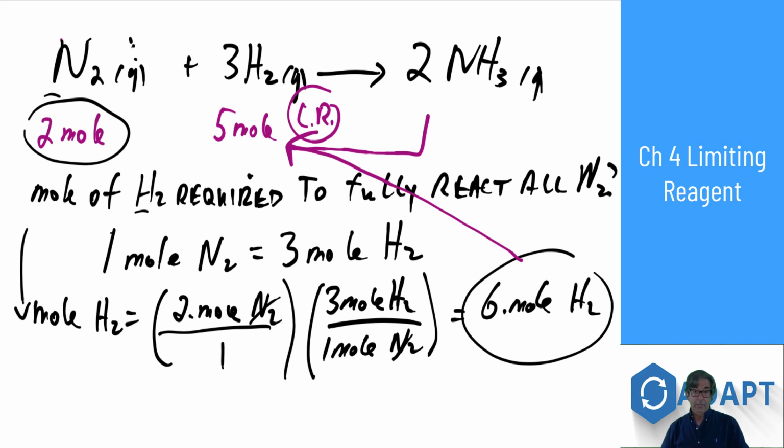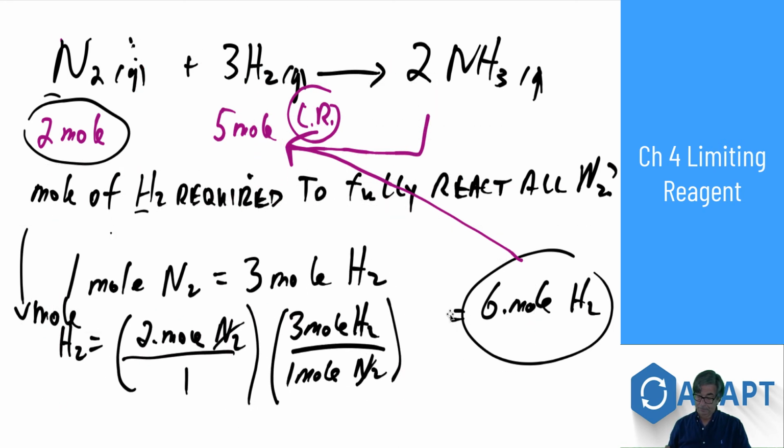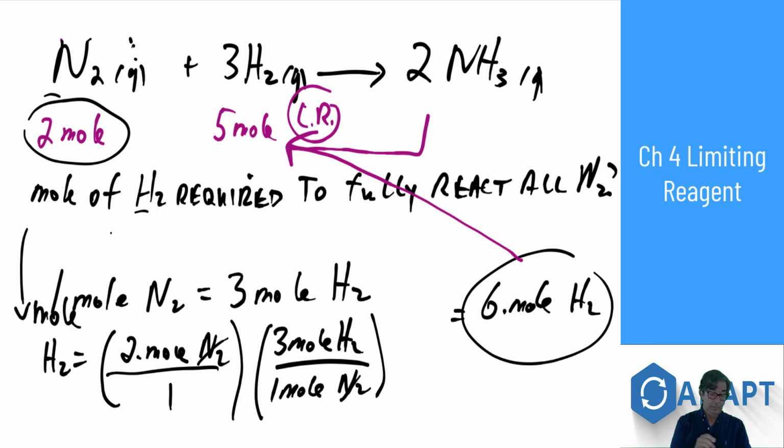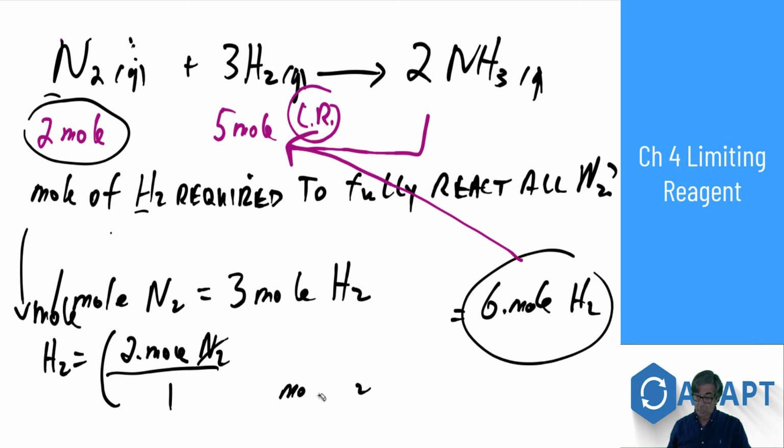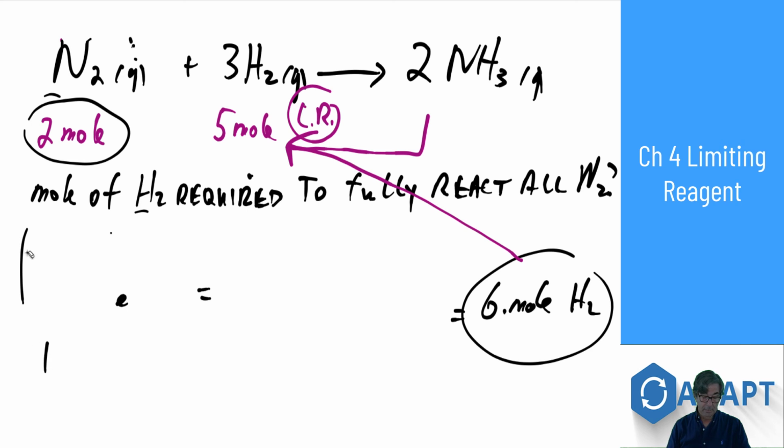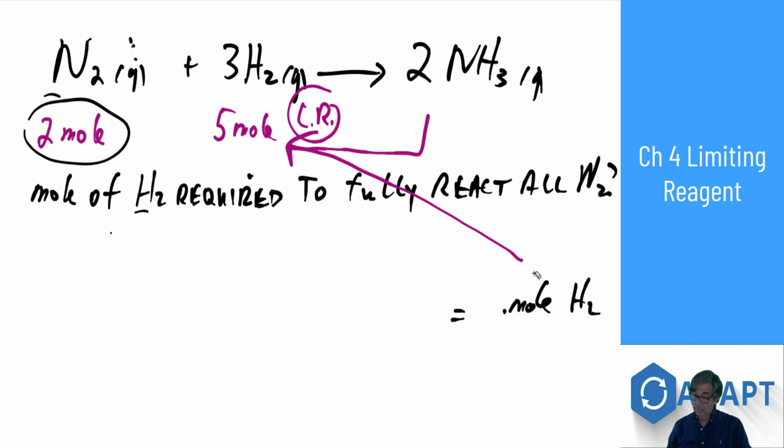One could ask, so we've identified which one is the limiting and that N2 is in excess. We could then ask, how much excess N2 do we have? So we come back over here and let's do that analysis, which is, how much N2 reacts with 5 moles of H2?